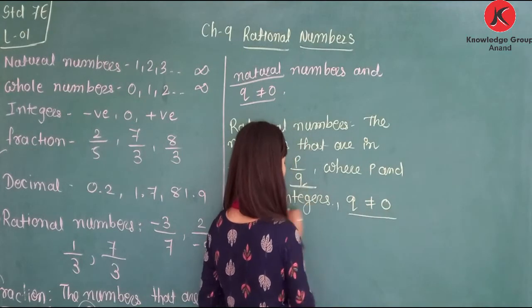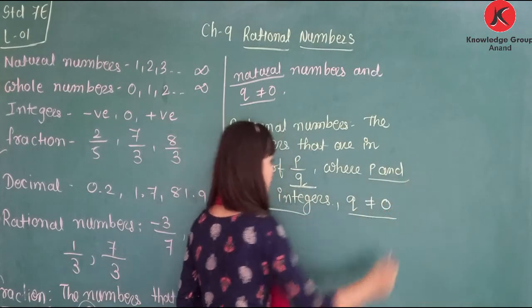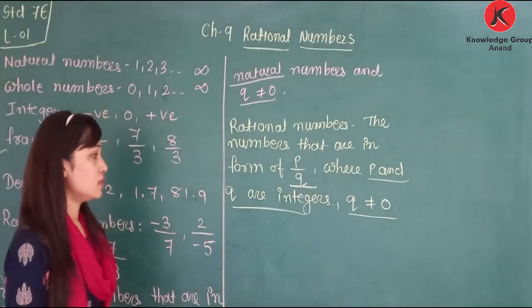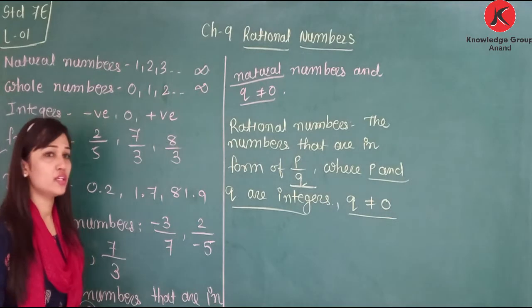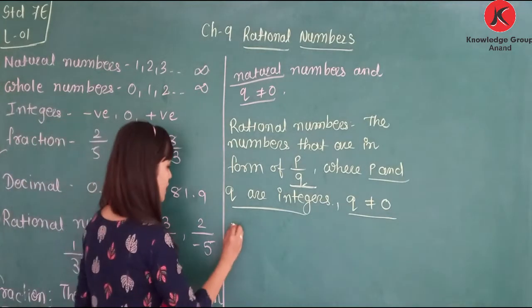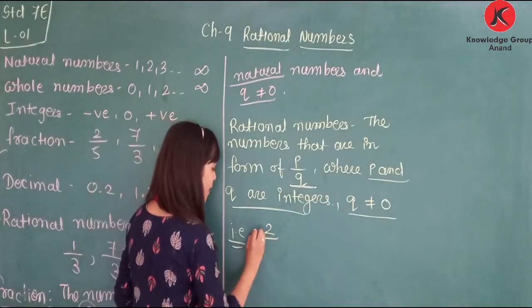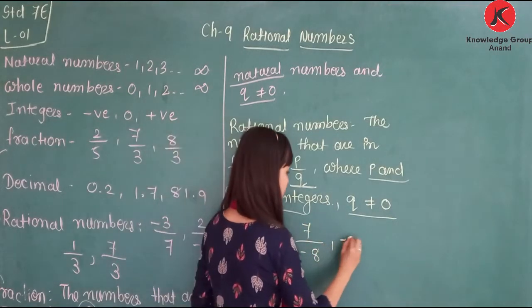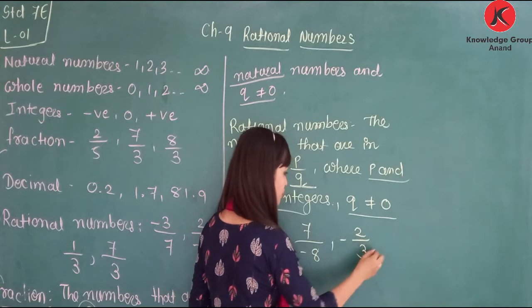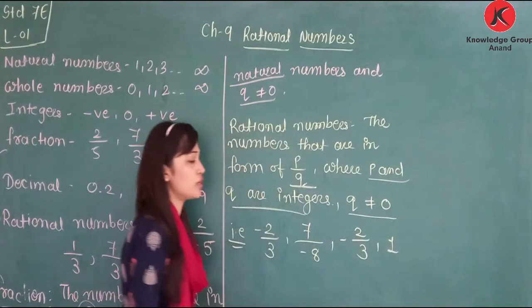So these are the three conditions. First, they must be in a P by Q form. Second, P and Q are integers, and Q is not equal to 0. So if we take examples, it is minus 2 by 3, 7 by minus 8, minus 2 by 3. 1 is also a rational number.